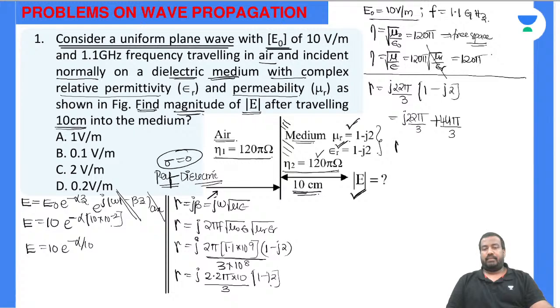Comparing with gamma is alpha plus j beta, alpha is 44 pi by 3 and beta is 22 pi by 3. Comparing, you will get the value of alpha.